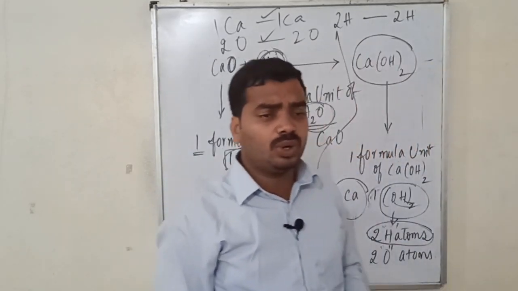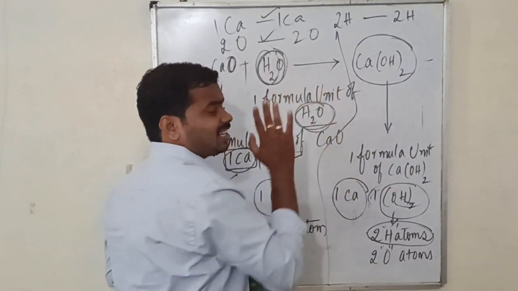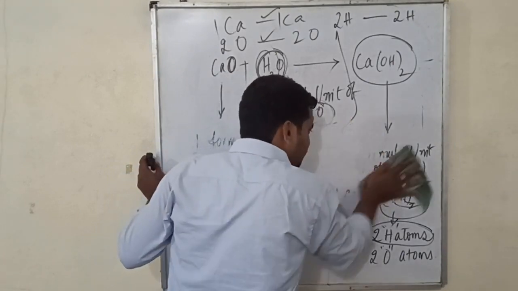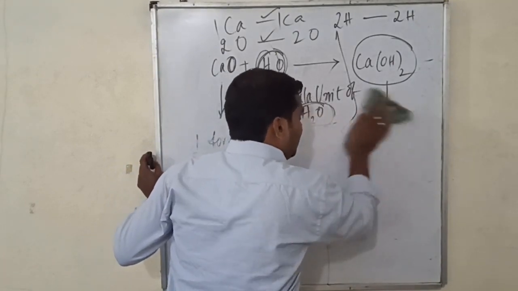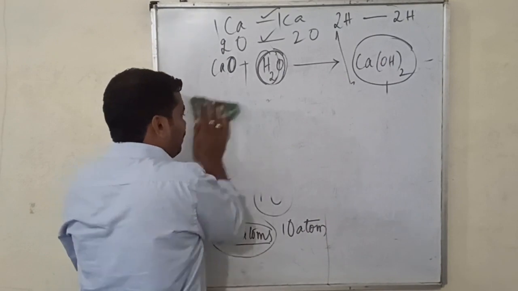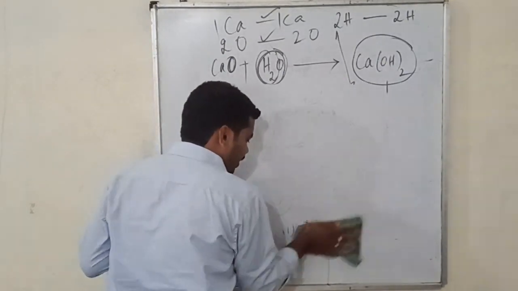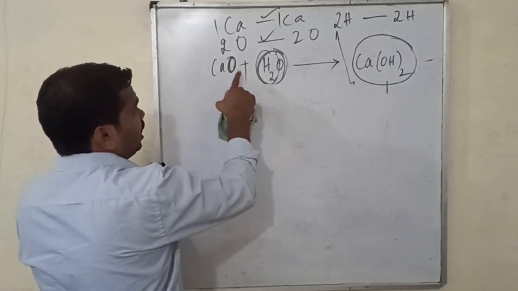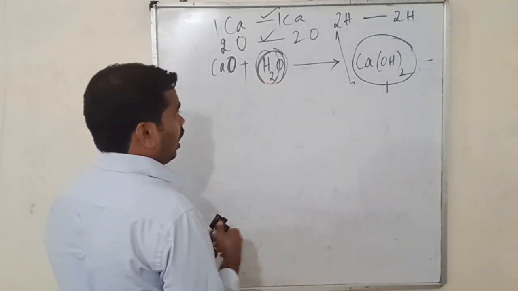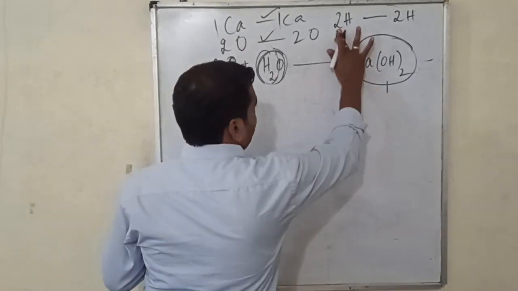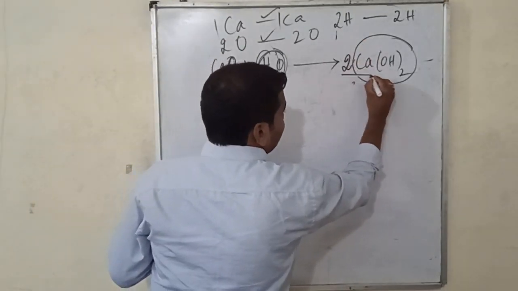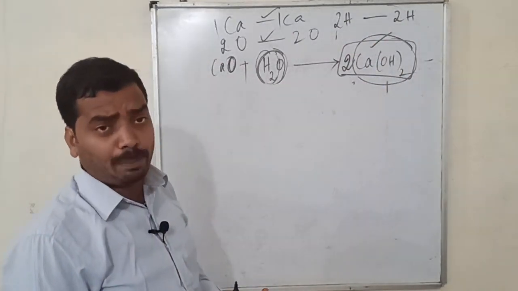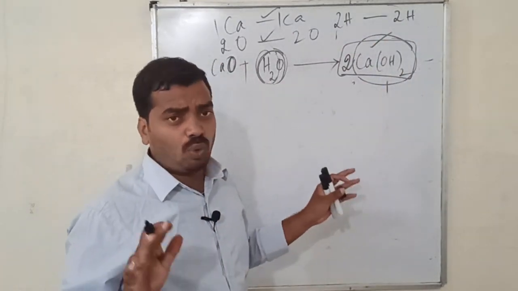Why? It has to be ensured that the equation is balanced. We shall try to understand why the equation has to be in balanced condition. Because let us suppose if some magic has happened in this reaction, and if one calcium oxide is reacting with one water molecule, and then it results in the formation of two calcium hydroxide compounds. Let us suppose, I am supposing this condition, okay? It won't happen in real life.